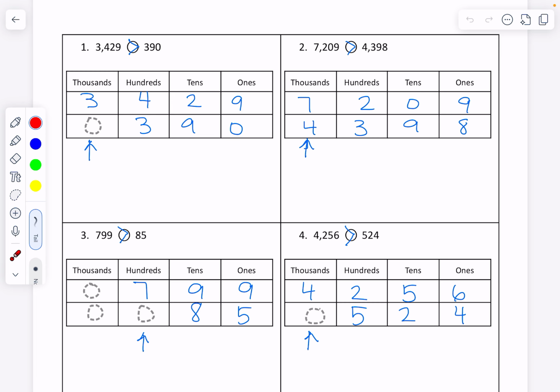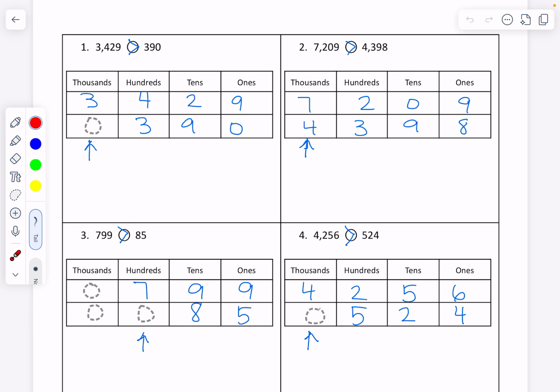students may struggle with identifying 0 as a placeholder. What you might find as a misconception is that a lot of students will want to always start with the first digit in the first box. However, that is not always accurate.